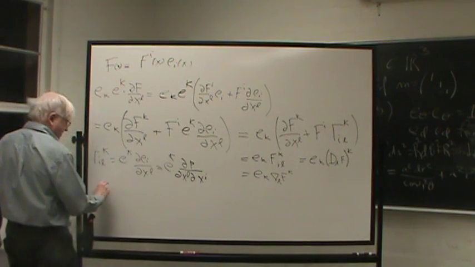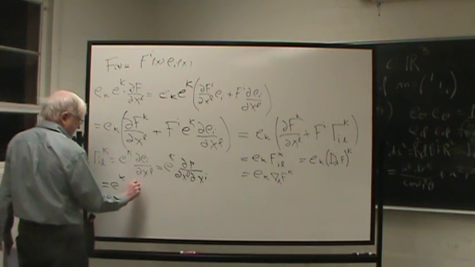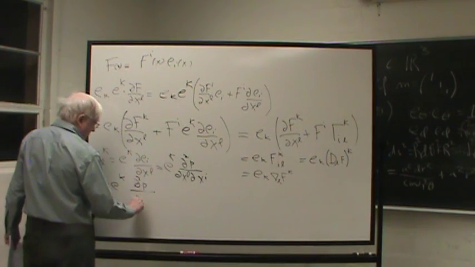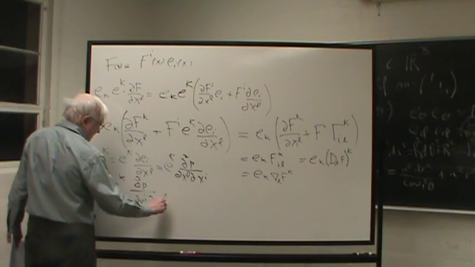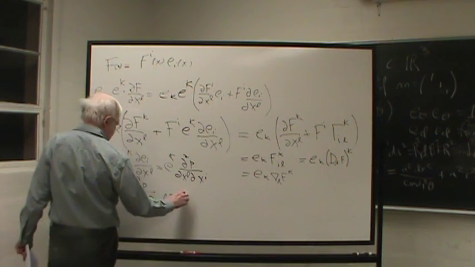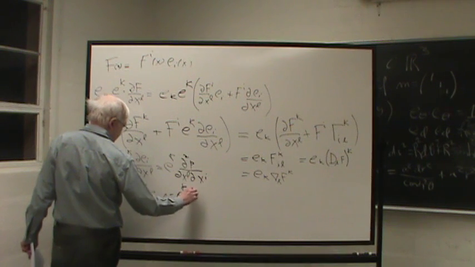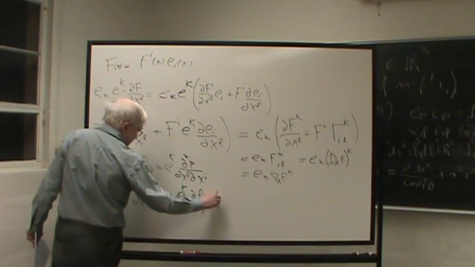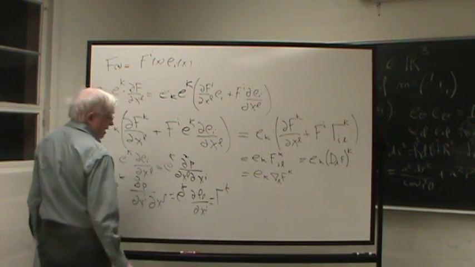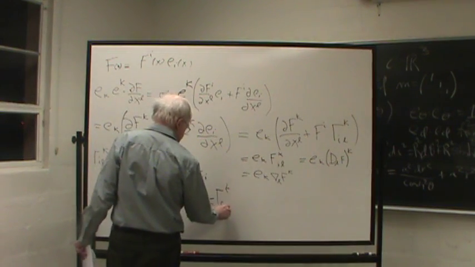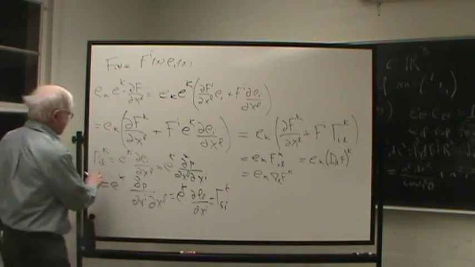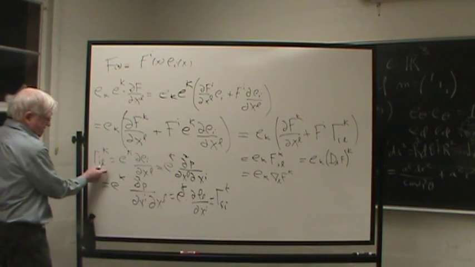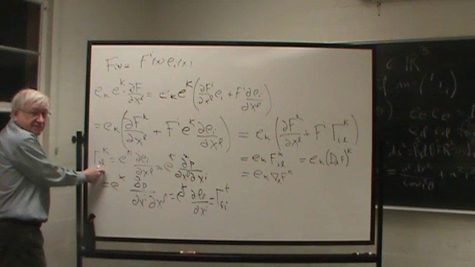You can turn the thing around. This is the same thing as ek dot partial 2 p partial xi partial xl. And now this is ek dot partial el with respect to xi, and this is gamma k li. So what we see is that this Christoffel symbol is symmetric in the two lower indices.